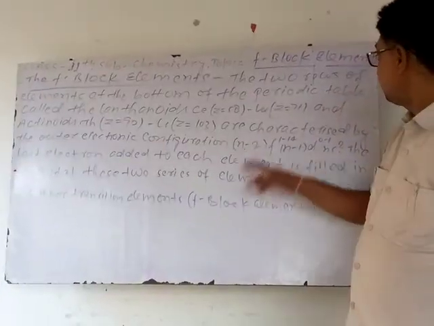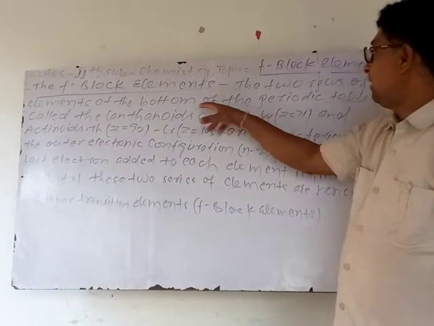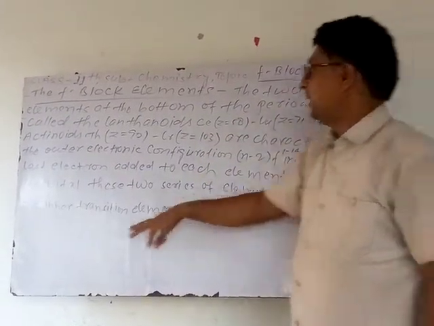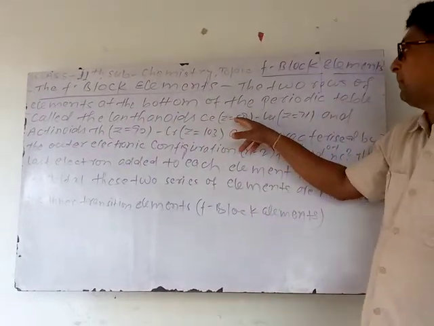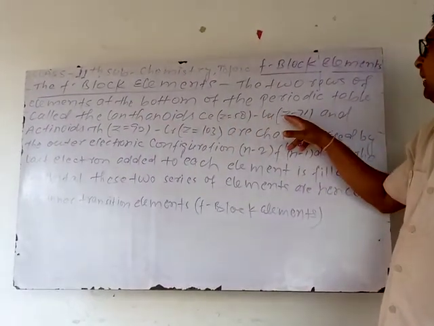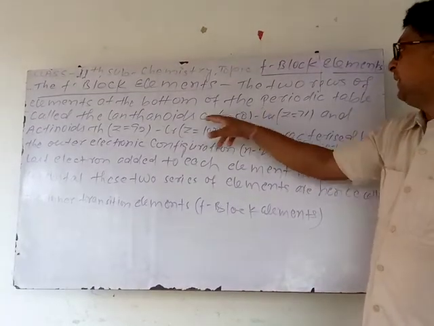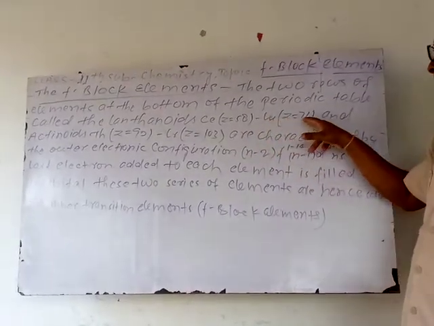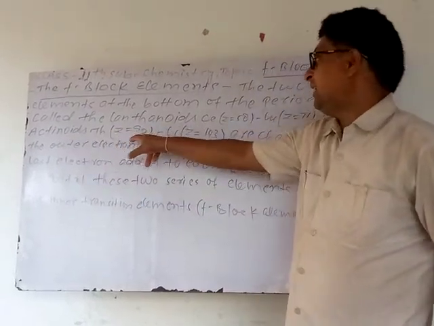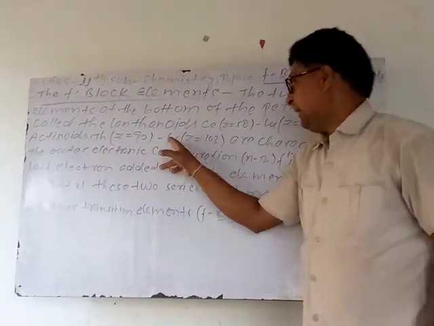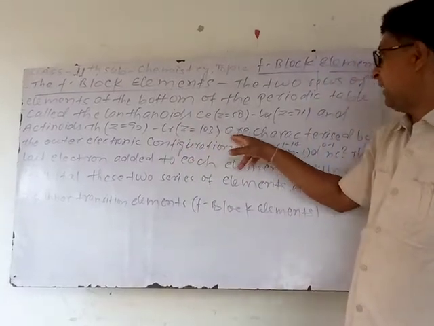The bottom of the periodic table has the lanthanides, atomic number 58 to 71, cerium to lutetium, and the actinides, 90 to 103, thorium to lawrencium.